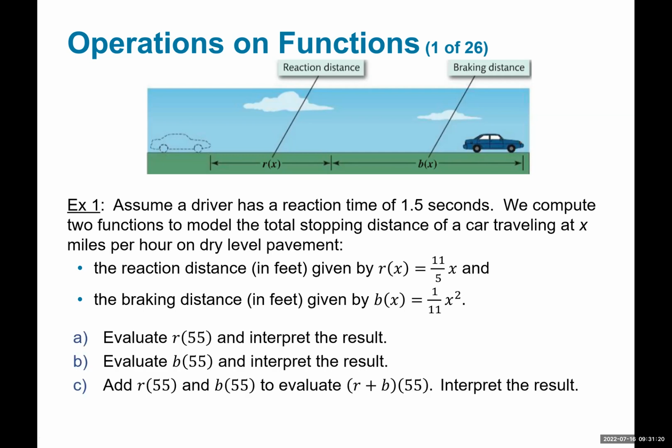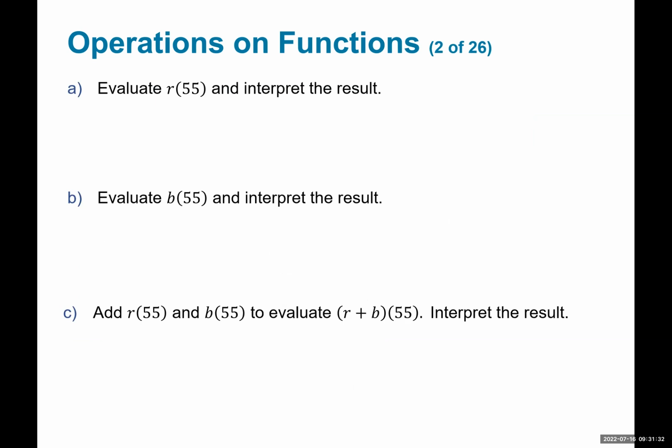First off, they gave us these functions and all we have to do is interpret them. So R of 55 and interpret the results. That means substitute 55 into the equation. So we put in 55 and we have 11 over 5 times 55, and that's 121 feet.